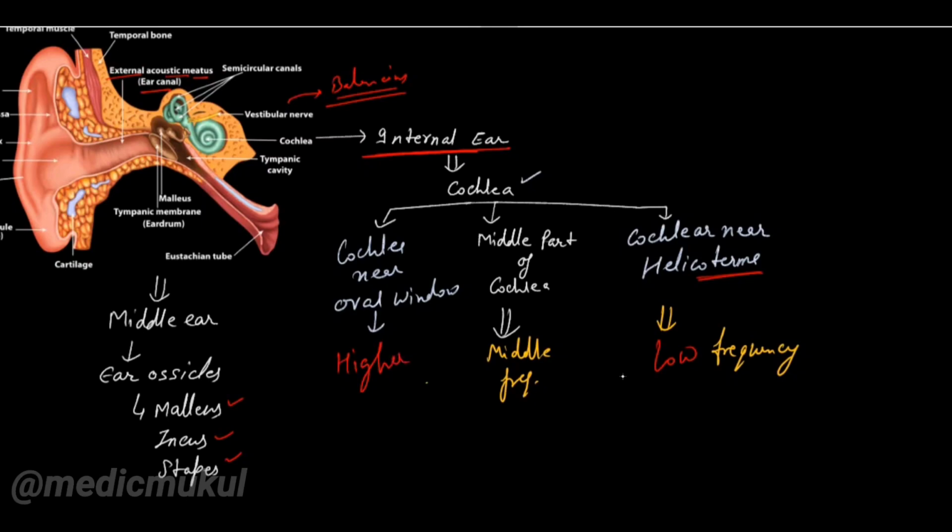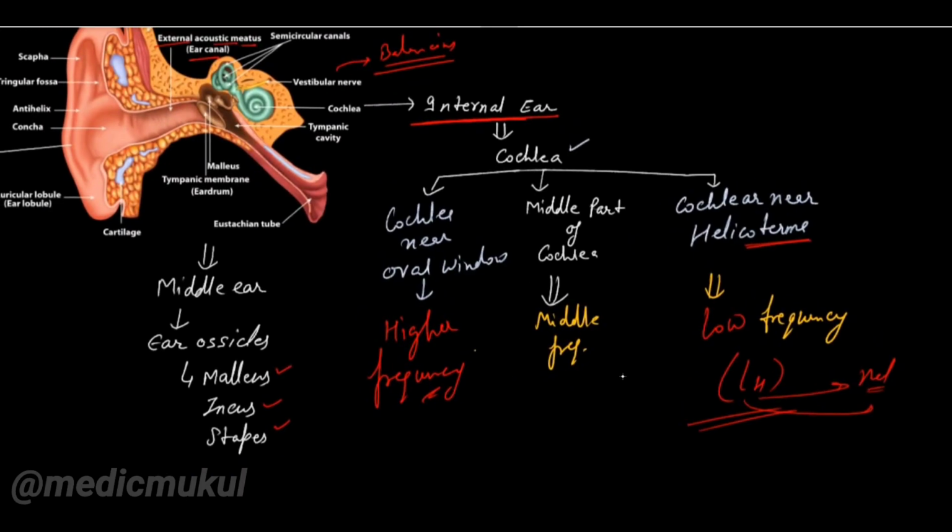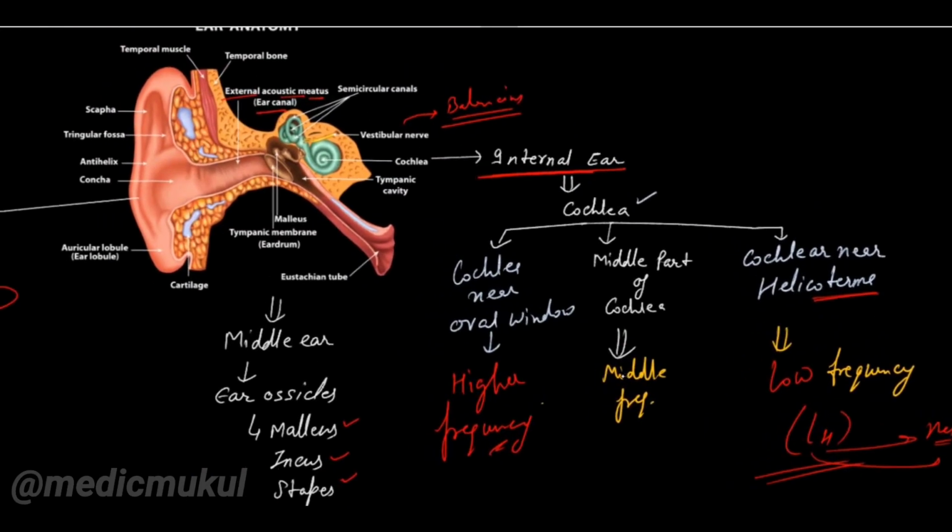Higher frequency. Okay, so remember LH, luteinizing hormone. So remember L for low frequency and helicotrema. The cochlea near the helicotrema is responsible for lower frequency. So I hope everything is clear.